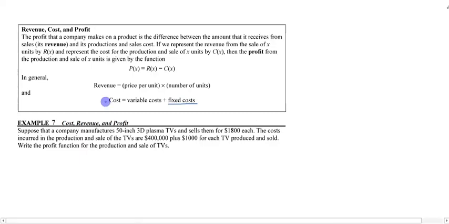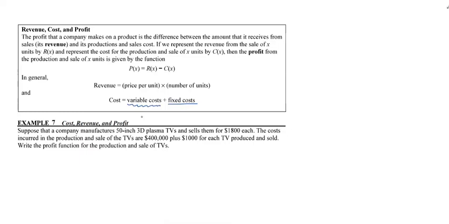And your variable costs, they vary because it depends on how much you're producing. So if you have enough materials to make 50 cups of lemonade, then your variable costs would be based on the 50 cups of lemonade that you made. If you need to make more, then it's going to cost you a little bit more. So then that cost changes. It varies.